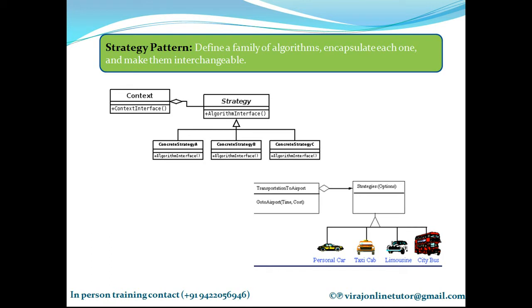The first component is a strategy component. Strategy is nothing but a common abstract interface for all the algorithms. I repeat, strategy is the common abstract interface of all the algorithms.